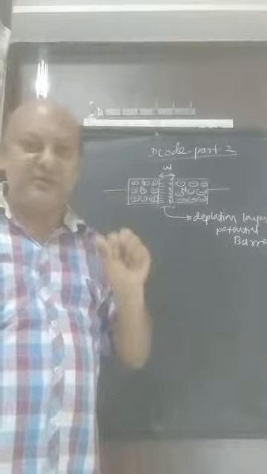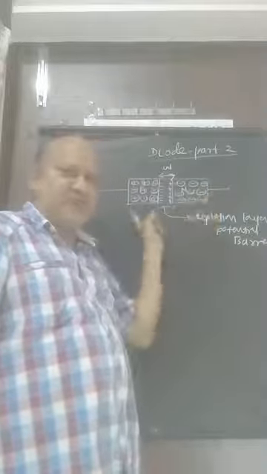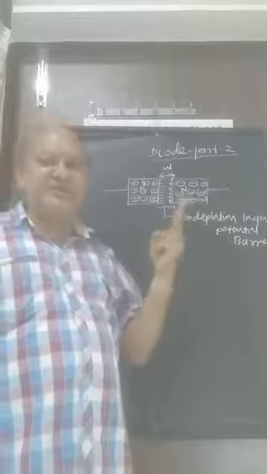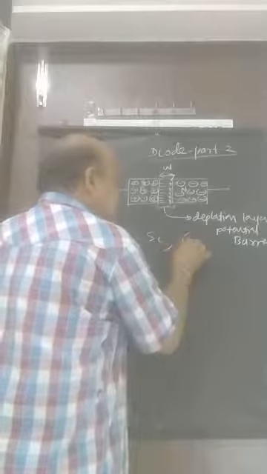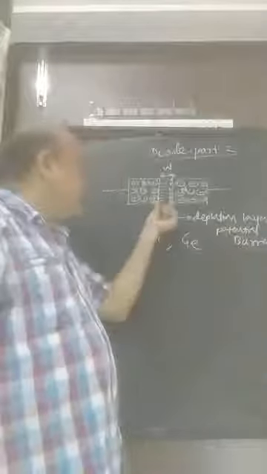This potential barrier is fixed for the type of diode, depending on which type of semiconductor you are using to form the diode. There are two types of basically used semiconductors: one is silicon and the other is germanium. The potential barrier for a silicon diode is 0.7 volt, and for germanium it is 0.3 volt.